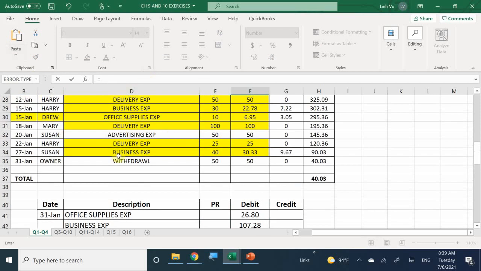We have 1 for $25, another one for $100, and another one for $50.